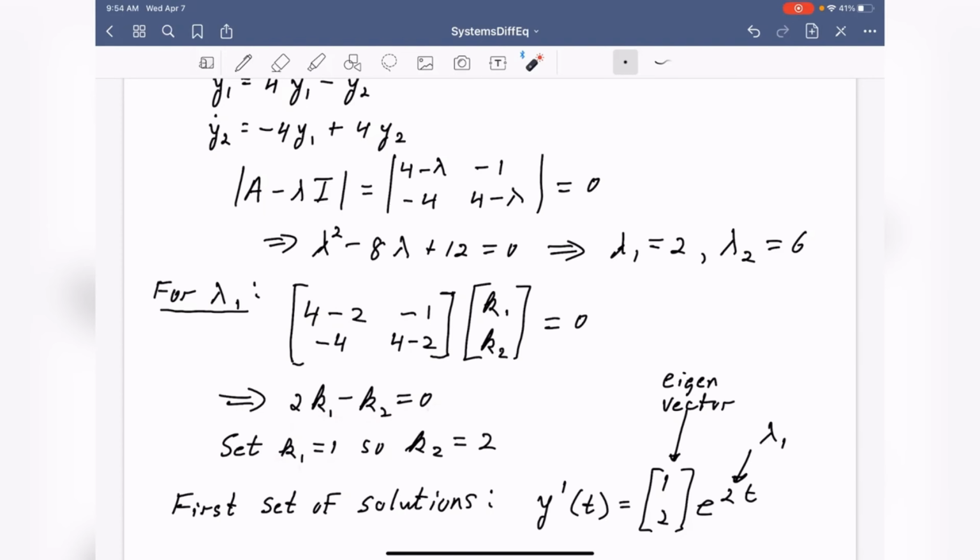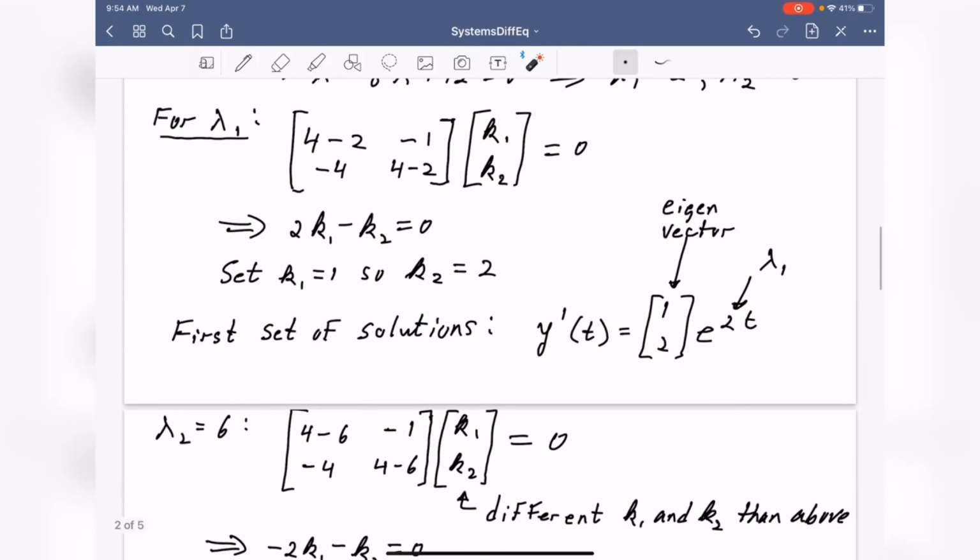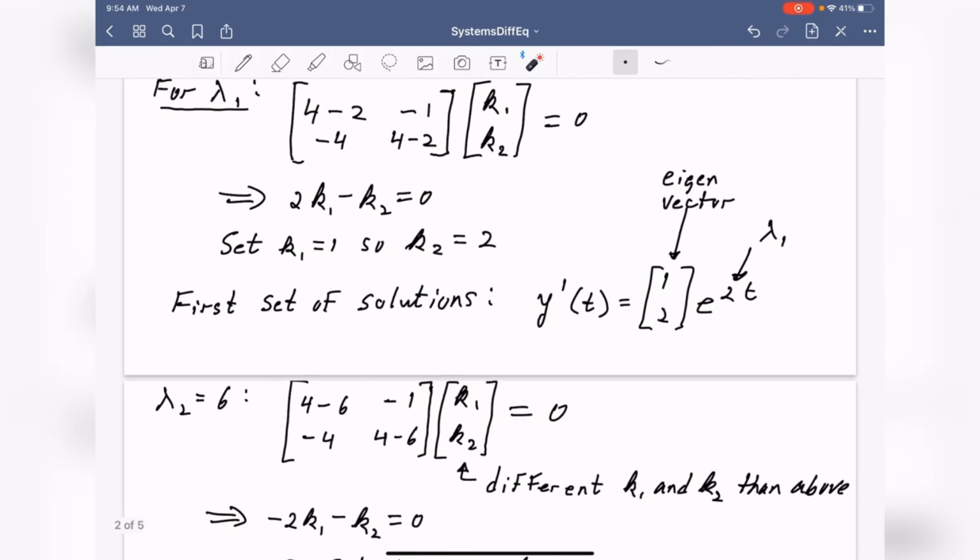We just choose k1 to be 1, so that k2 is 2, and we get this eigenvector here. So the first set of solutions, which we denote with this superscript 1, is equal to this eigenvector (1, 2) multiplied by e to the power 2t, where that 2 comes from the eigenvalue lambda 1.